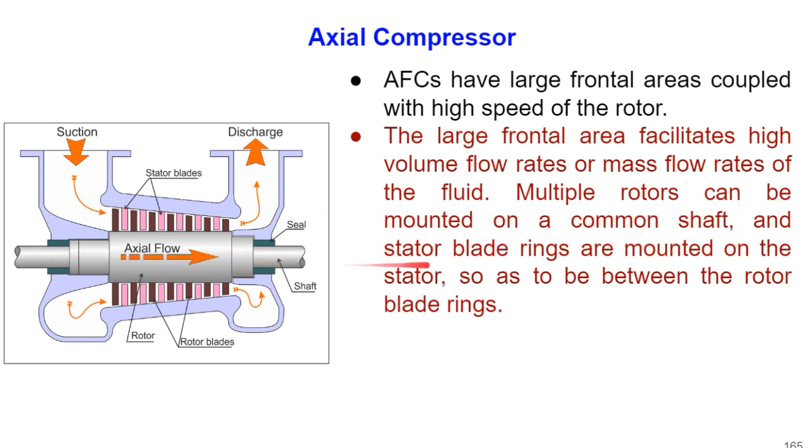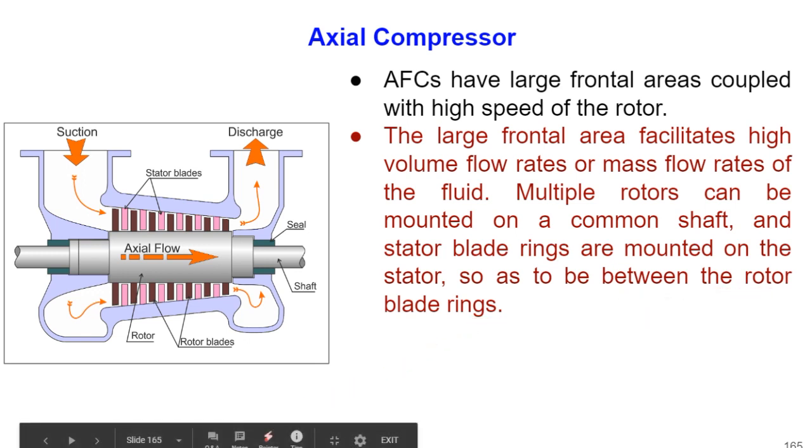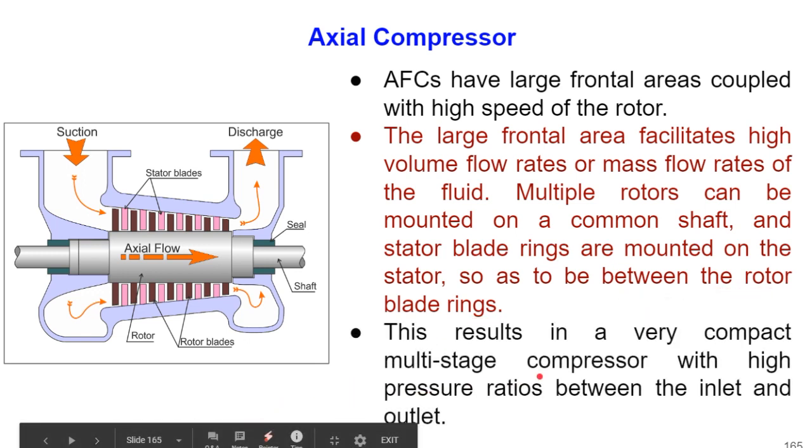This is a common shaft and these are the stator blades. Stator means fixed casing. On the fixed casing there are stator blades mounted, placed between the rotor blades and the rings. This results in a very compact multi-stage compressor with high pressure ratios between the inlet and outlet.